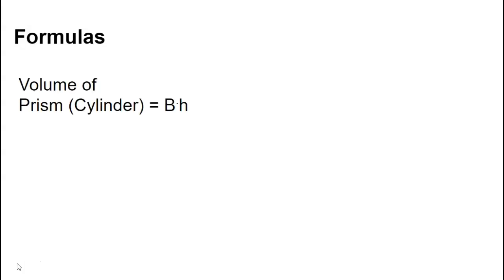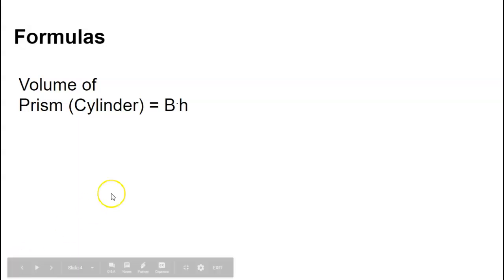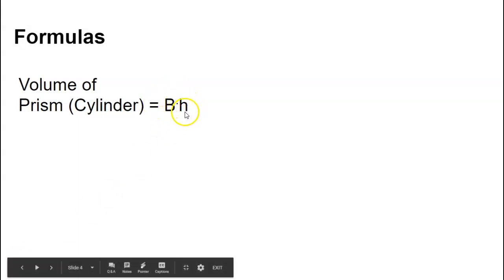There are several formulas that we are going to use throughout this unit dealing with our three-dimensional shapes. Let's start with volume for a prism. Notice that I also have cylinder in parentheses here. This formula, it's the same concept for both of these shapes. To find the volume of a prism or a cylinder, you have to take the area of the base and multiply it times the height.